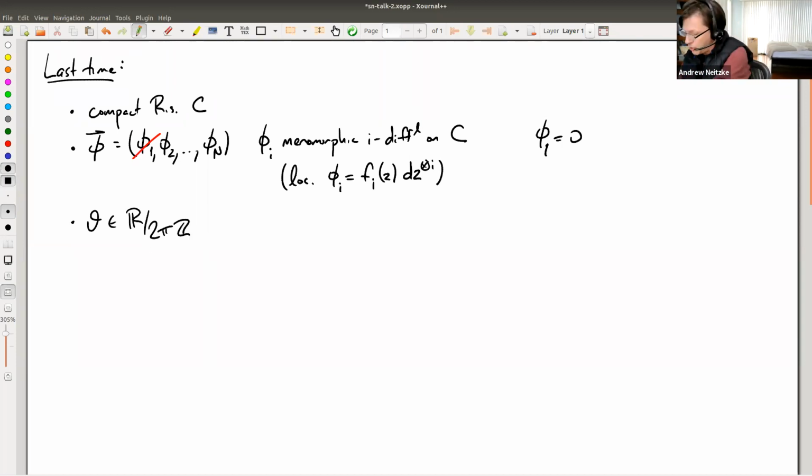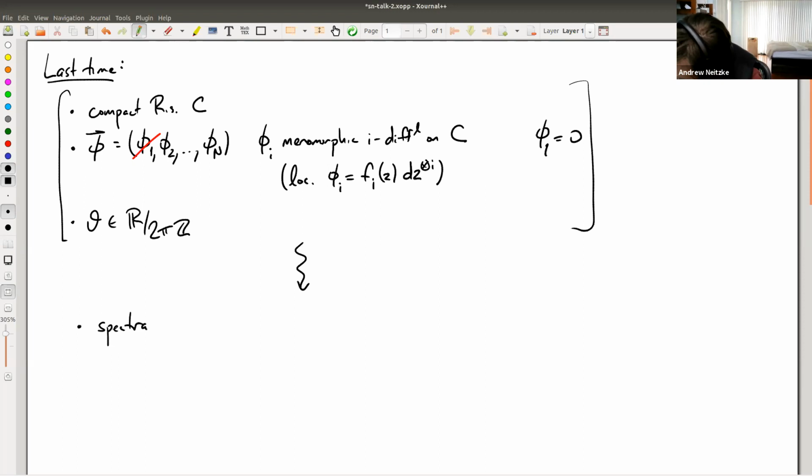So that was the data that I had, and from that data we produced various things. We produced the spectral curve, a branched n-to-1 covering of C, sitting inside of the cotangent bundle.